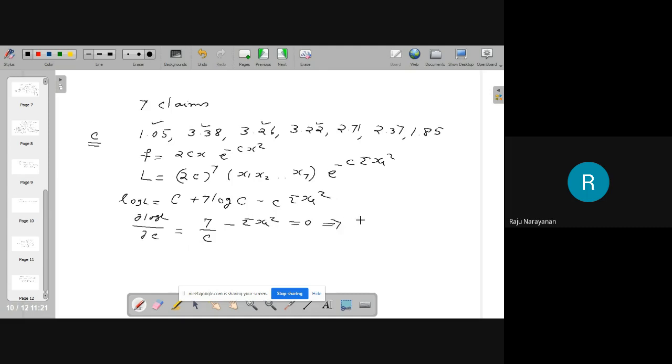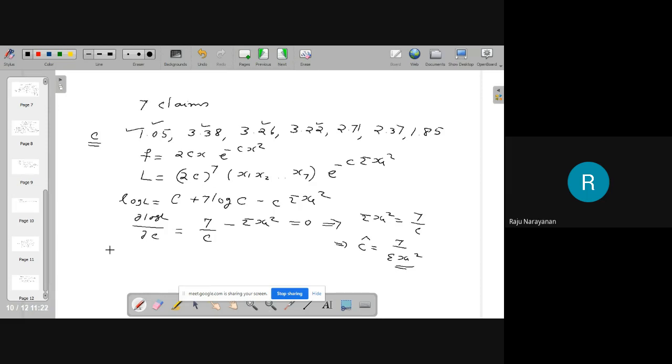This implies sigma xi square is equal to 7 by c. This implies c cap is equal to 7 by sigma xi square. Finished. You find 1.05 square, etc. You can use R, but why go to R? You can take your calculator and find the squares of these things.